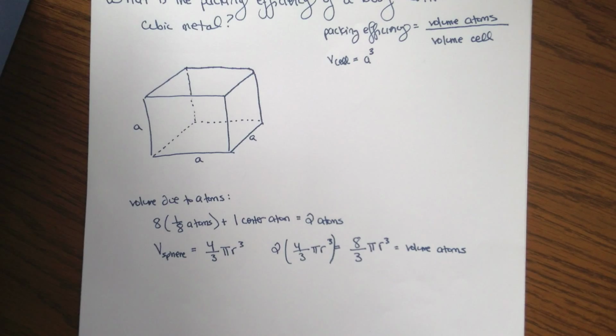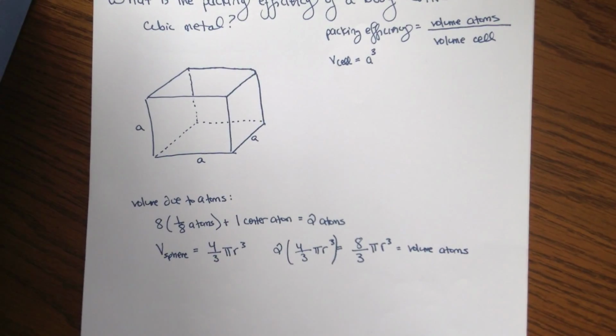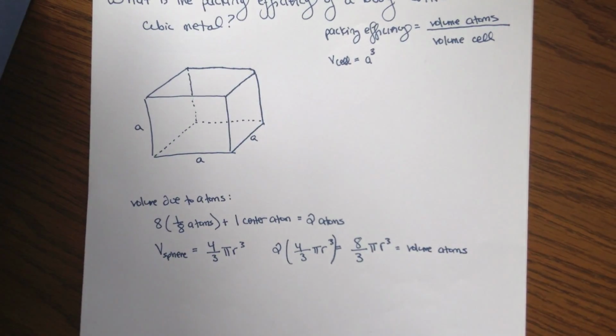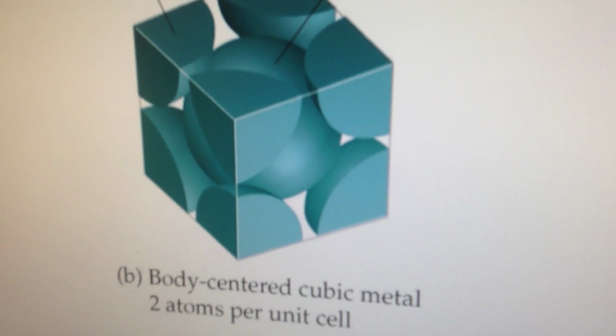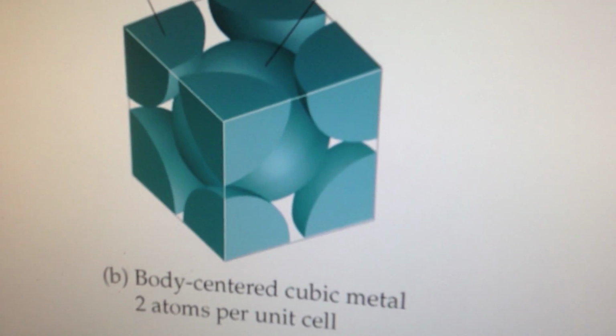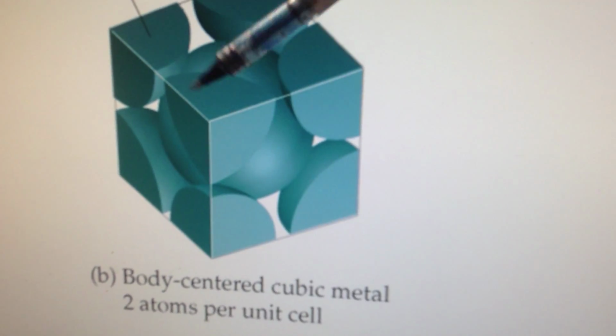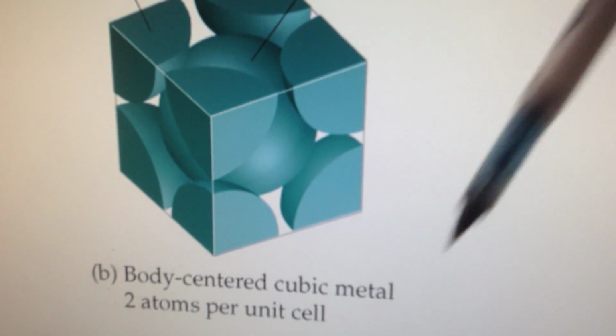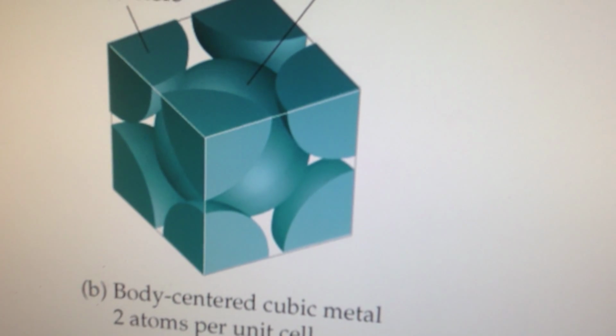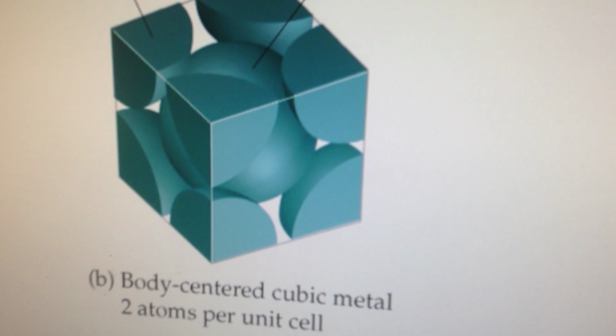So if we look at a body-centered cubic metal, here it is. In this case, I cannot just draw a line across the face, because if I draw a line across the face, I don't have atoms touching.